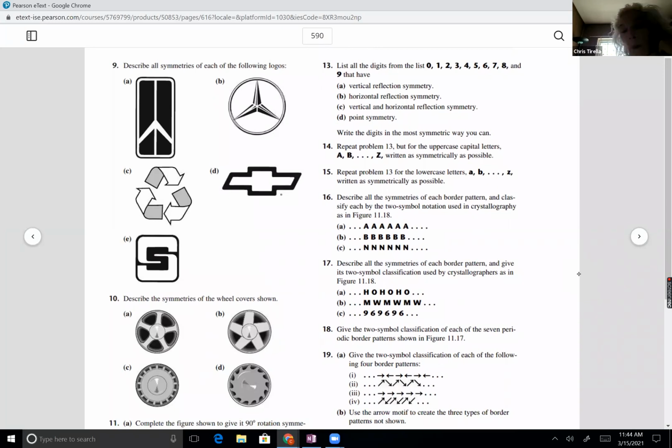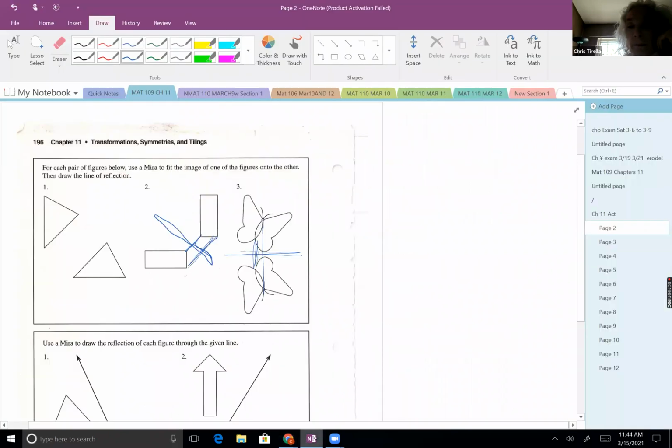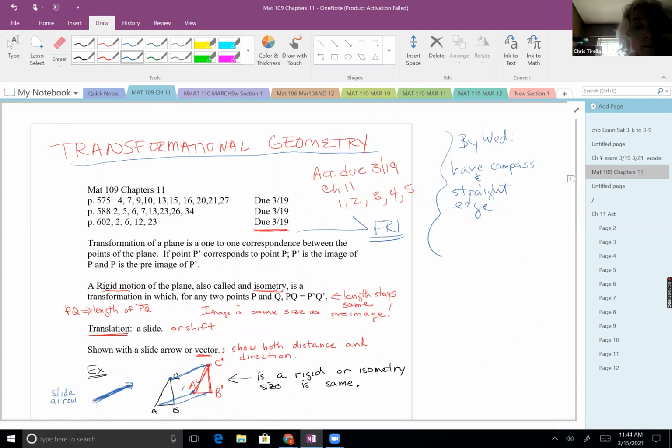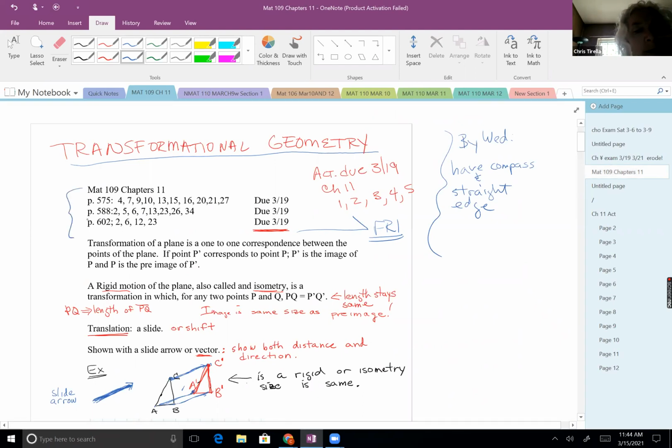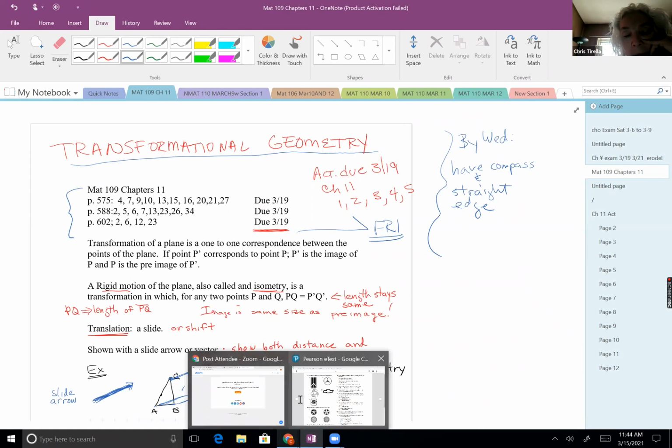What you want to do, give me just a second. I didn't assign 15. It's 2, 5, 6, 7, 13, 23, 26, and 34. But let's look at it, because I didn't remember doing that on the answer key.